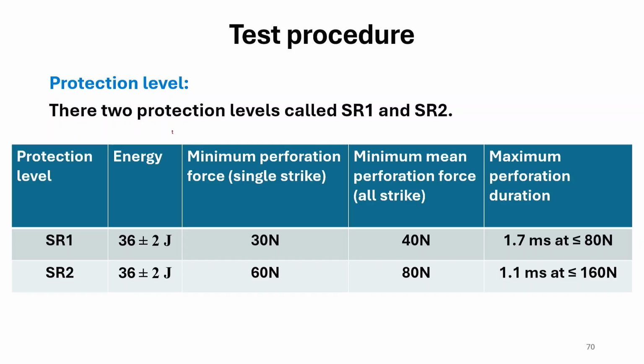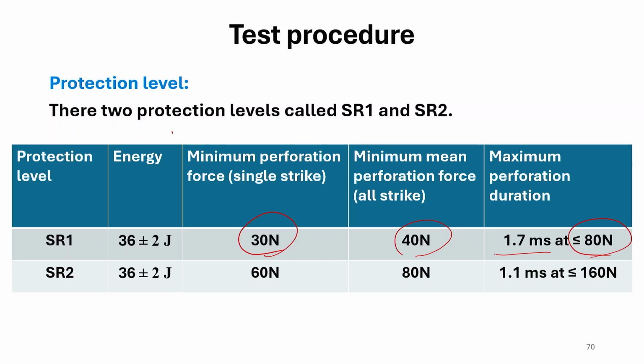For SR1, the energy level is 36 plus minus 2 joule, the minimum perforation force is 30 Newton, the minimum mean perforation force is 14 Newton, and the maximum perforation duration is 1.7 millisecond, that is, a perforation duration at less than or equal to 80 Newton load.